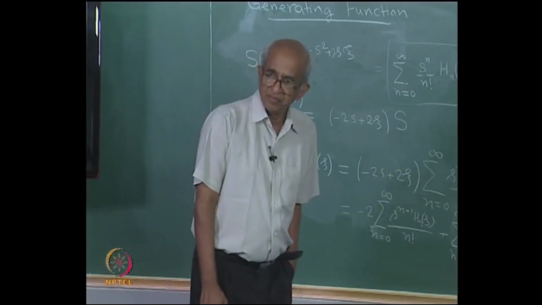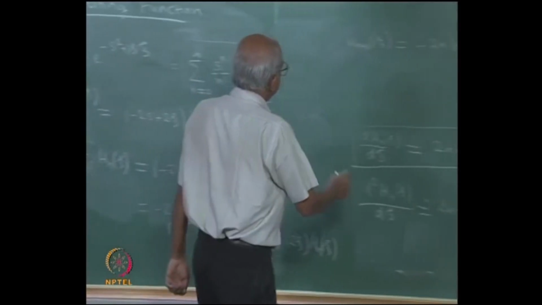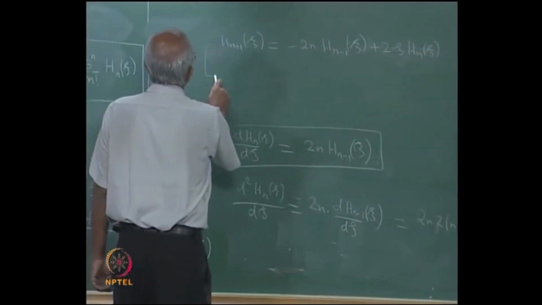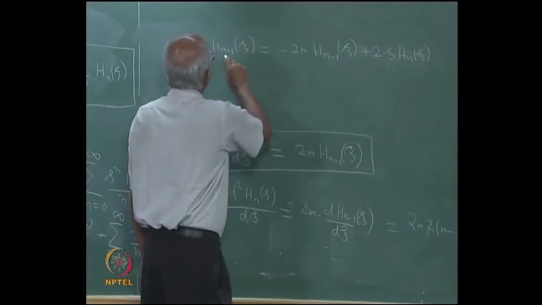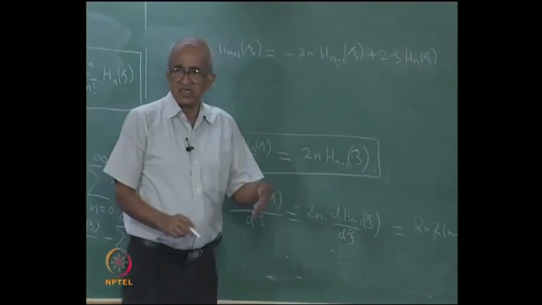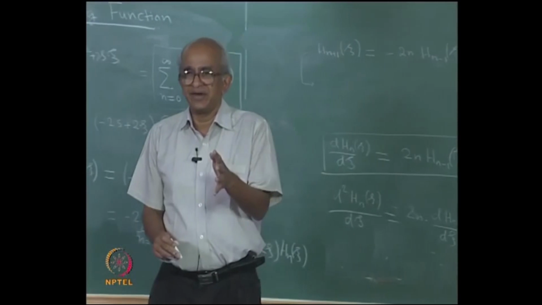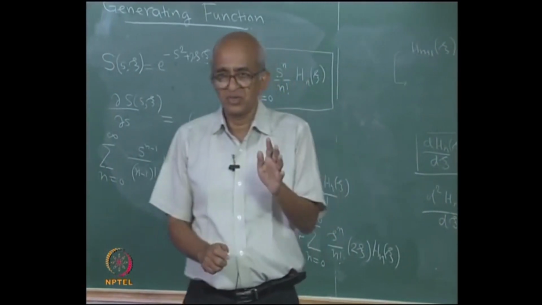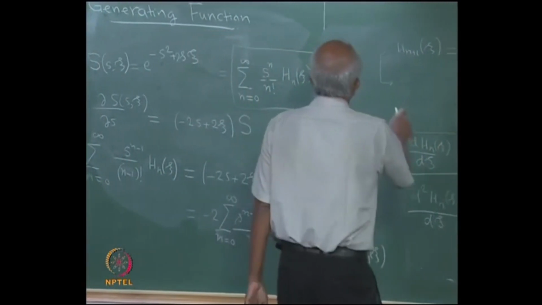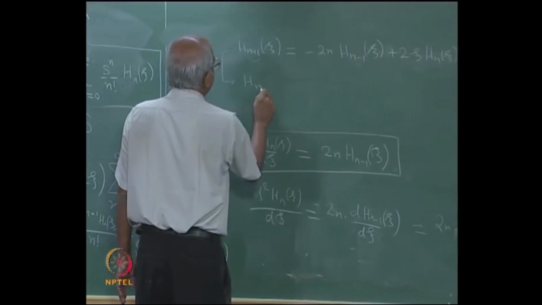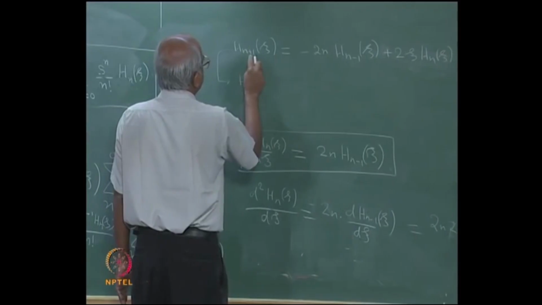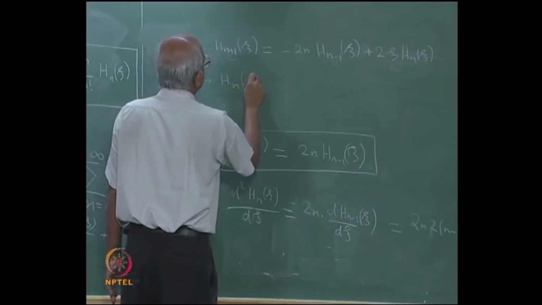Now, what I will do is take this equation, and wherever n plus 1 is occurring, I am going to replace it with n. Instead of n plus 1 I want n here.